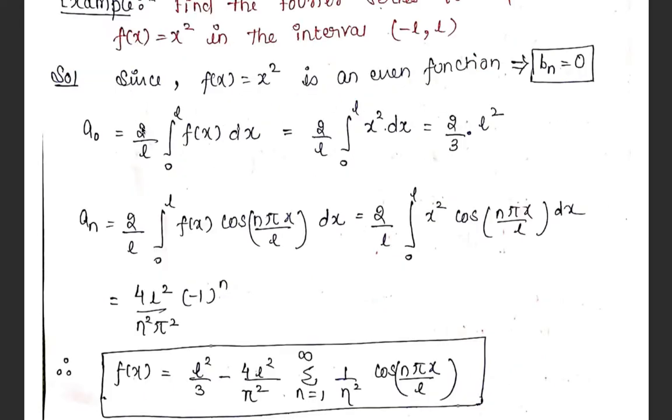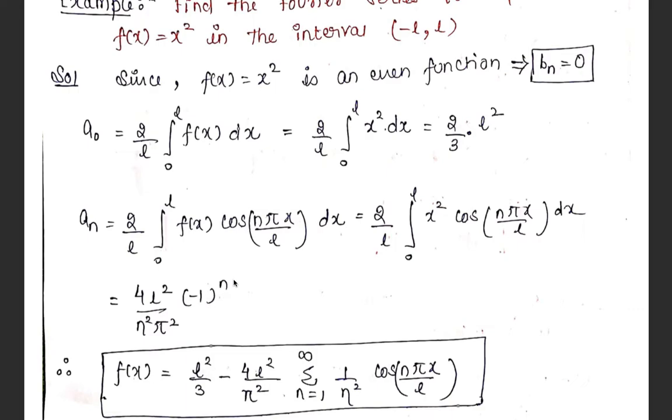So a0 is 2 by L integration 0 to L f of x dx. After integrating this, I got the value 2 by 3 L square. Similarly, I have obtained the value of an, which is 4L square divided by n square pi square multiplied with minus 1 to the power n.